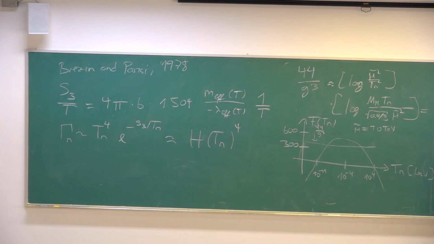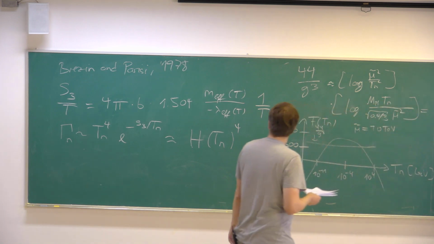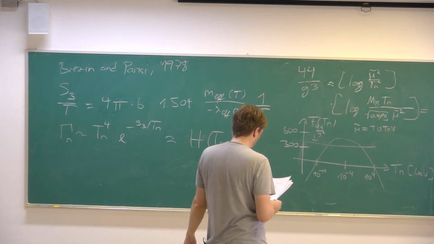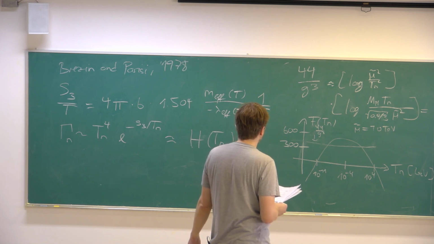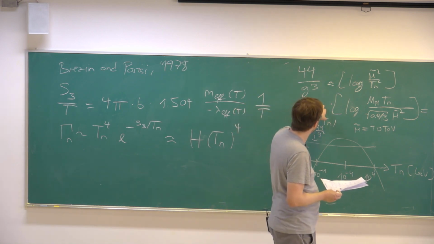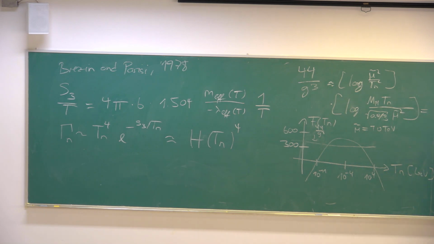But I guess if you now re-express it, I didn't do that, you can get rid of the 1 over g with this expression here, and you should still get the same result. This makes it a bit less obvious, but the point is, I guess you have to plug this in here, and then you see that the smaller the nucleation temperature, the smaller beta over H.